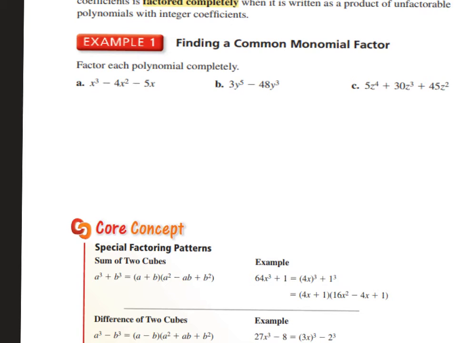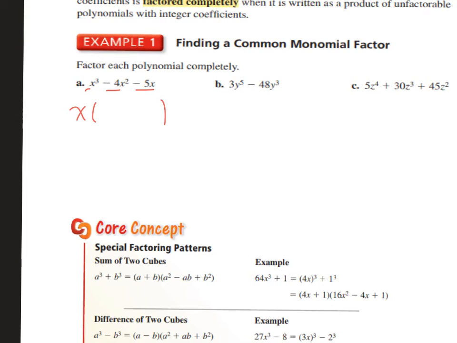So this first example that we have here, there are 3 terms. Let's count them together. 1, 2, 3. And looking at all 3 of them, I notice all 3 have an x. So I'm going to take an x out. And now it's going to be what is left.